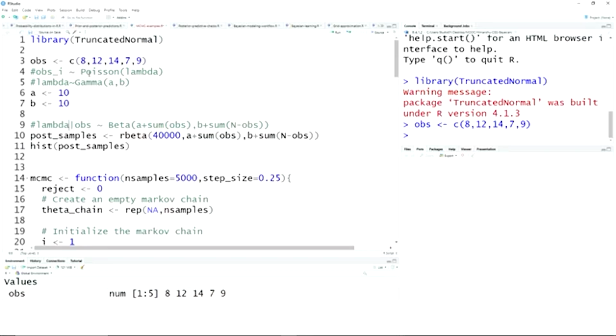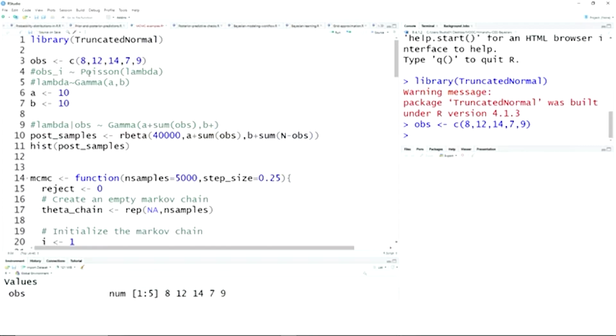For the case of a gamma conjugate prior, this is something you can derive yourself as well, or you can take a look at cases of conjugate priors. For a gamma prior, the posterior would also be a gamma distribution with shape parameter a plus the sum of these observed data points, and rate parameter b plus n, so just n, the number of data points.